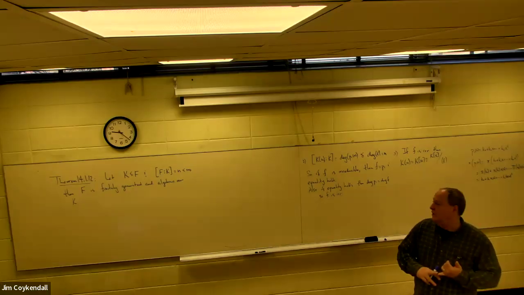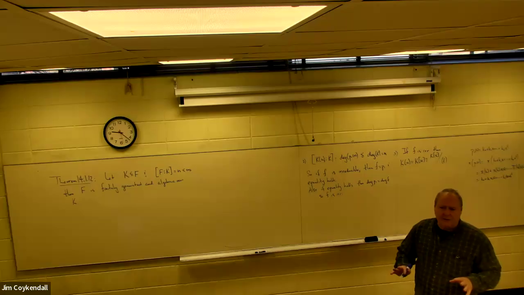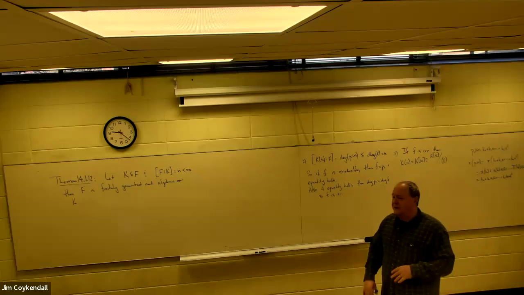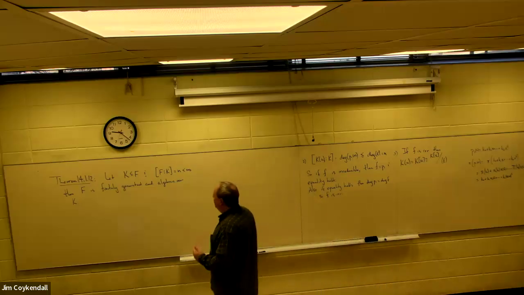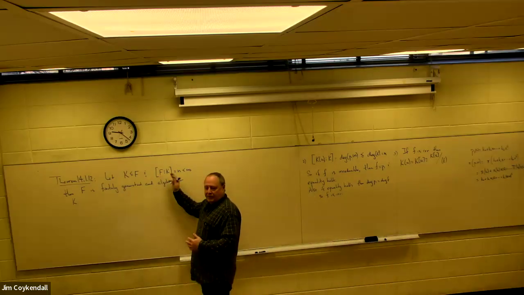It is finitely generated over the base field. That's actually going to be fairly easy to show. That's not surprising. And it's algebraic as well. So every element in F is algebraic.